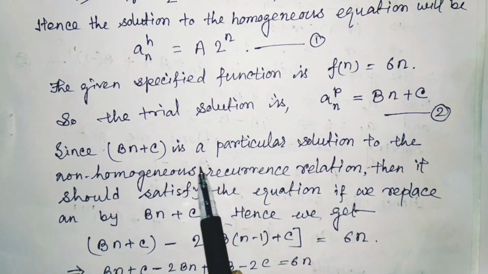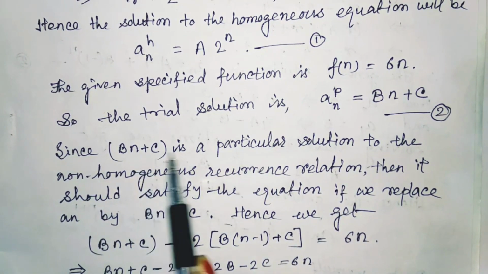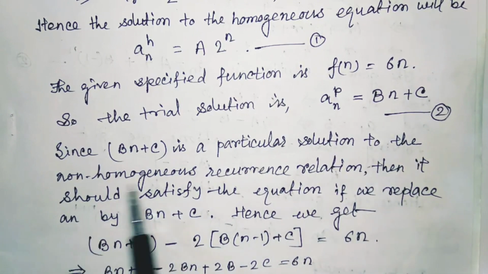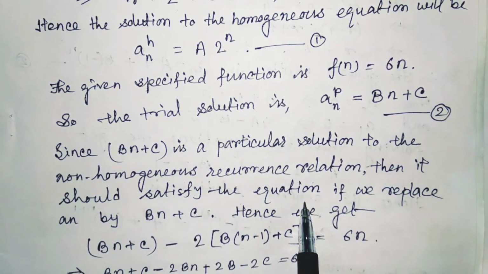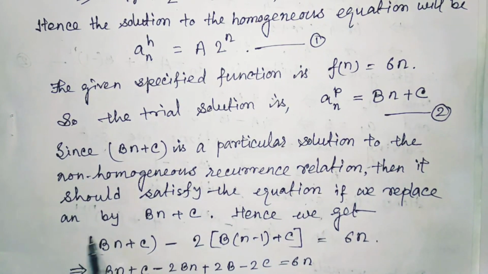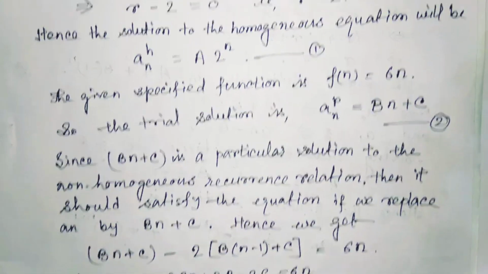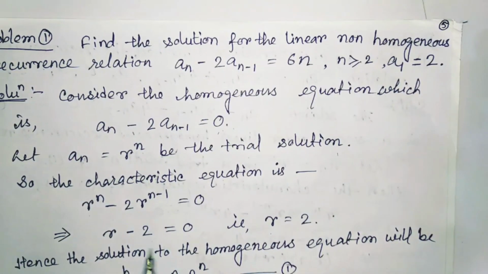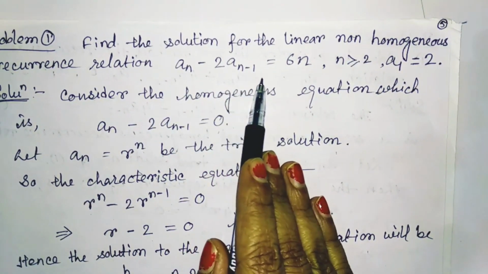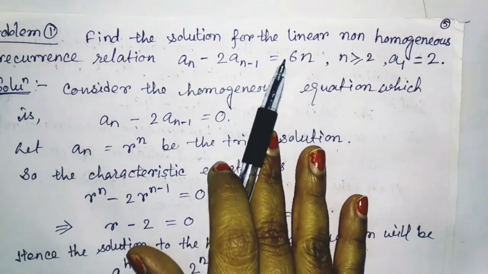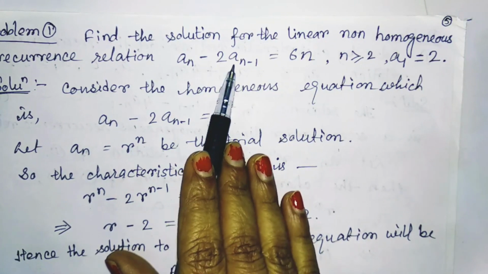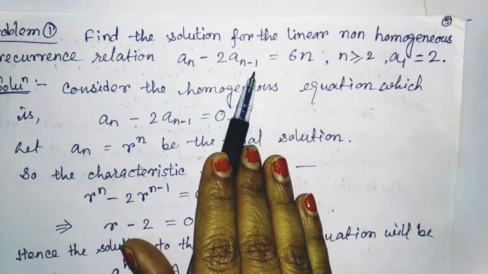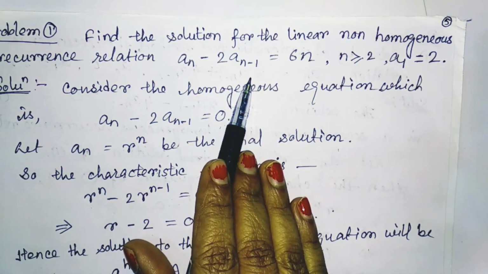Since bn plus c is a particular solution to the non-homogeneous recurrence relation, it should satisfy the equation. If we replace a_n by bn plus c, the given equation is a_n minus 2 a_(n-1) is equal to 6n. So instead of a_n, we substitute bn plus c, and instead of a_(n-1), we substitute b(n-1) plus c.